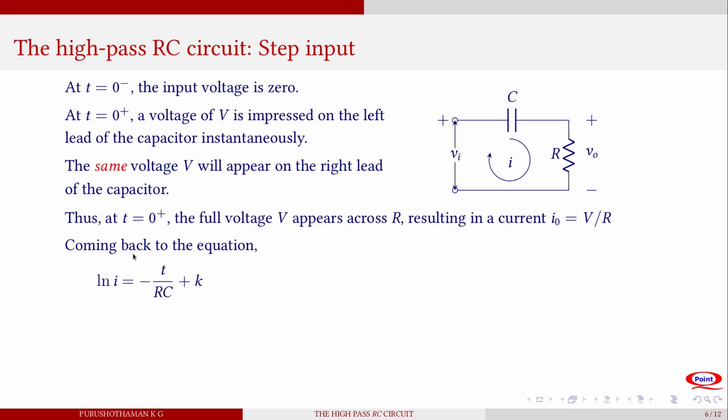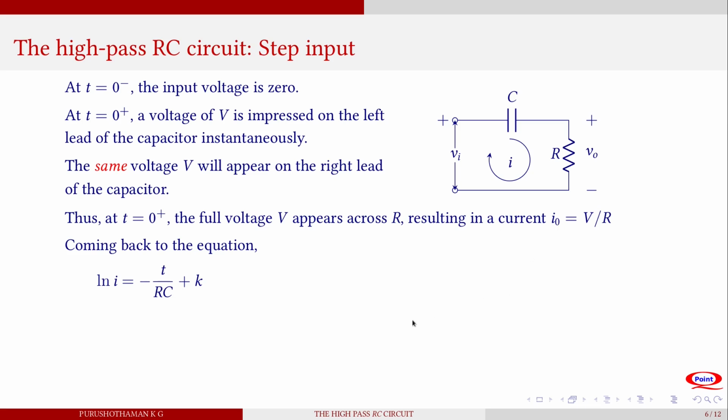Now coming back to our equation, log i is equal to minus t/RC plus K. In this equation, we apply the initial condition. Put t equal to 0. Putting t equal to 0, this term will become 0 and i will become I0.